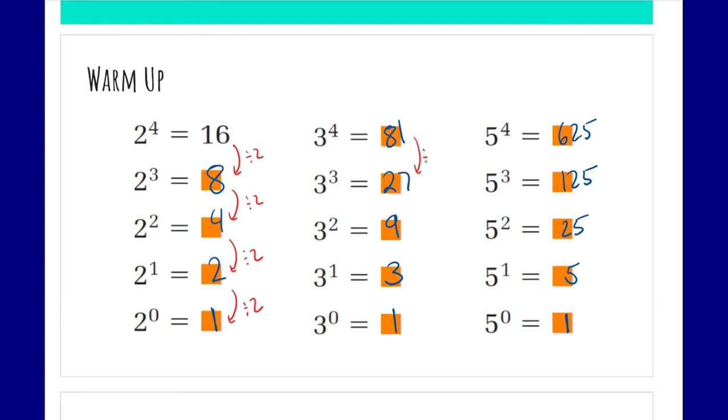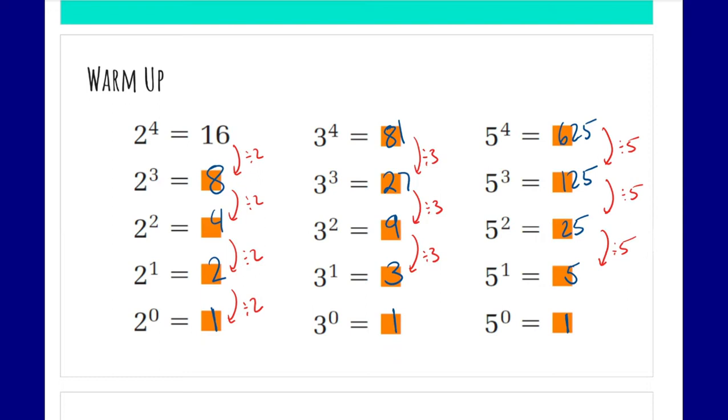This one's dividing by 3 every time. This one's dividing by 5 every time. So we do kind of see a pattern there, and it relates to the ratio of our exponential function that we've talked about before.